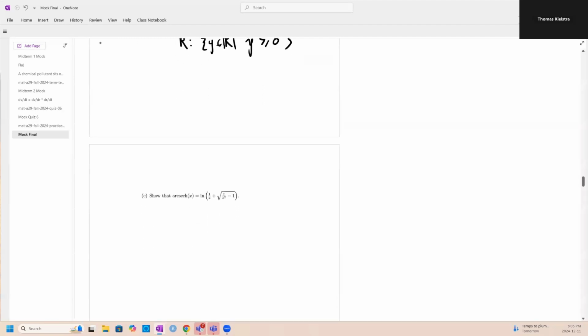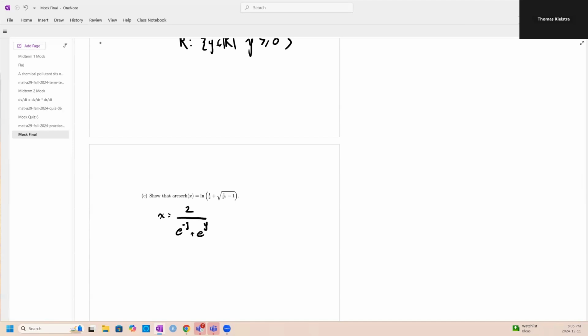Now we need to show that arcsech is ln of 1 over x plus the root of 1 over x squared minus 1. And from here we start with x equals 2 over e to the minus y plus e to the y.